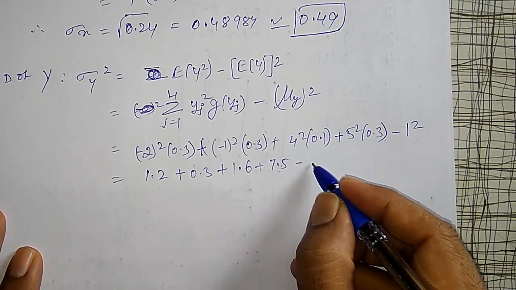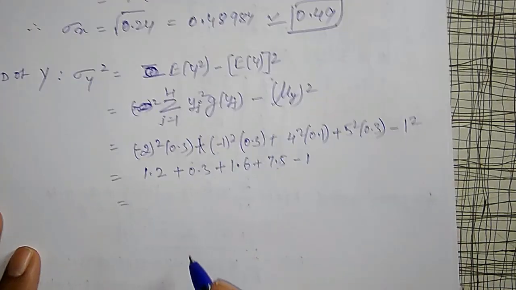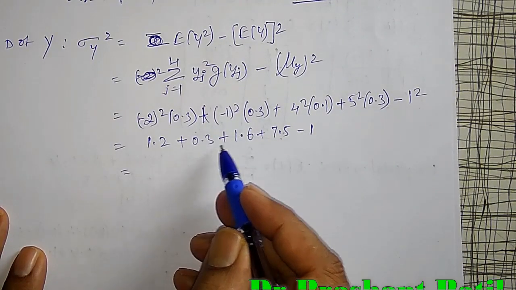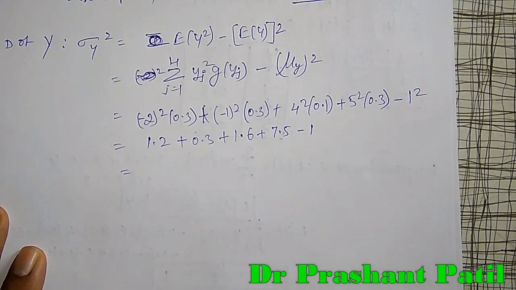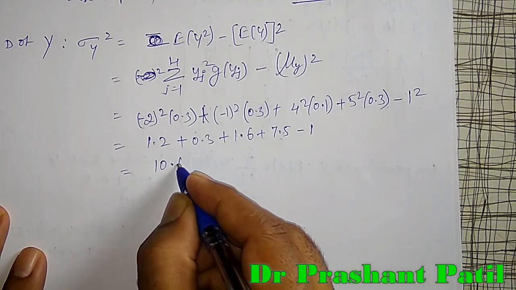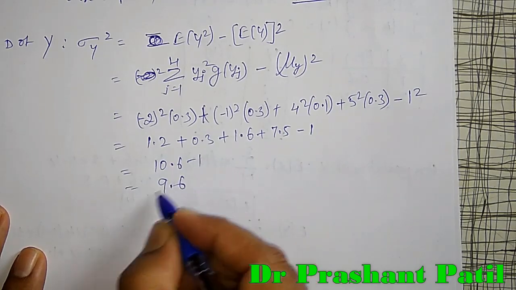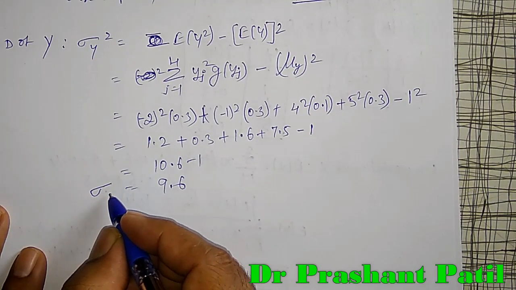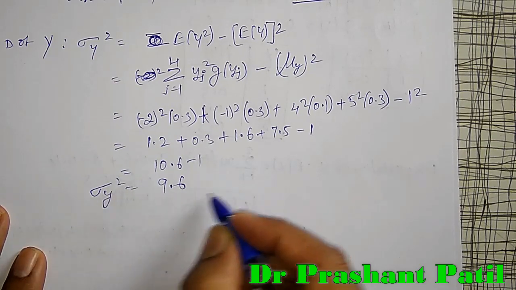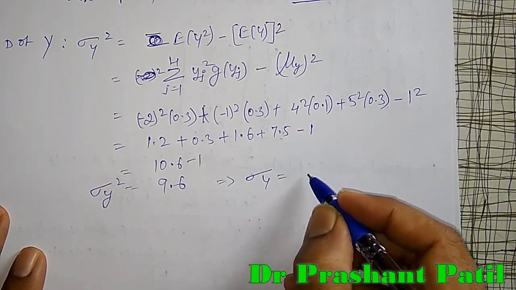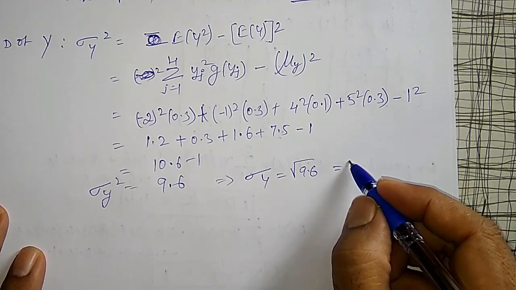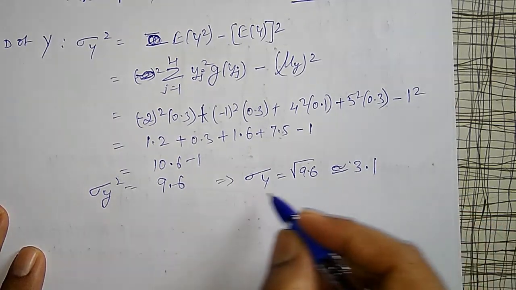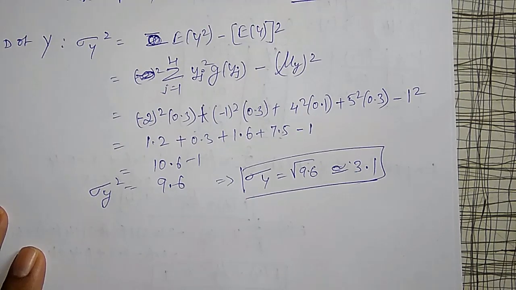All are plus here, minus 1. 1.2 plus 0.3 is 1.5, 1.5 plus 1.6 is 3.1, 3.1 plus 7.5 is 10.6, minus 1 is equal to 9.6. Sigma y square equal to this, which implies sigma y equal to square root of 9.6, which comes out to be approximately 3.1. This is the standard deviation of y.